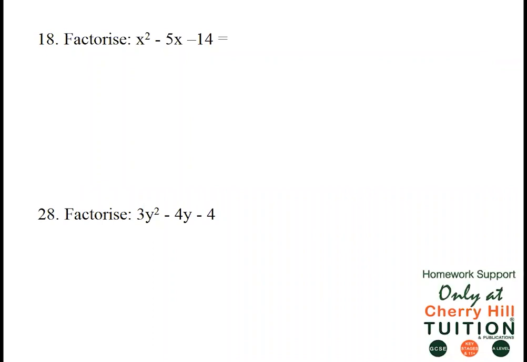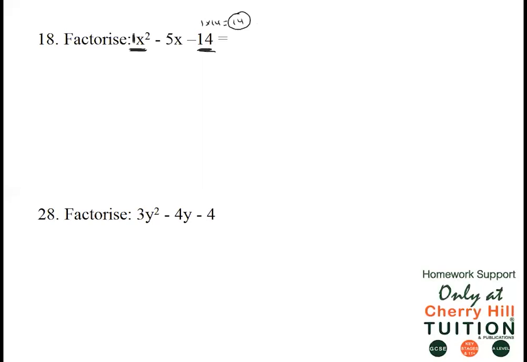We need to multiply the coefficient of x squared, the number in front of the x squared, by the number at the end, the number that does not have an x next to it. The coefficient of x squared is just 1, so we multiply 1 by 14, which gives us 14.